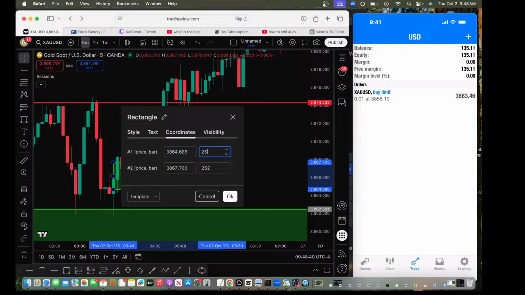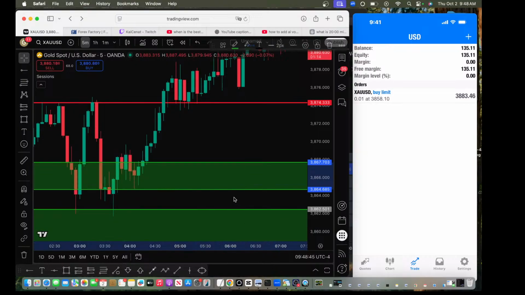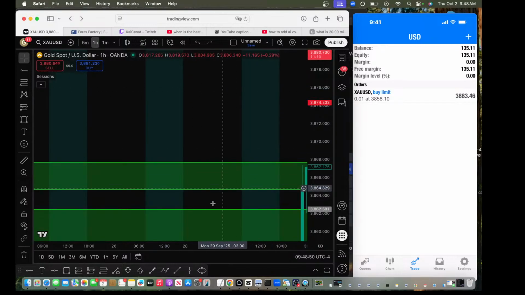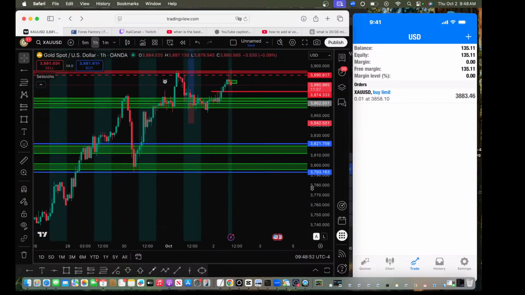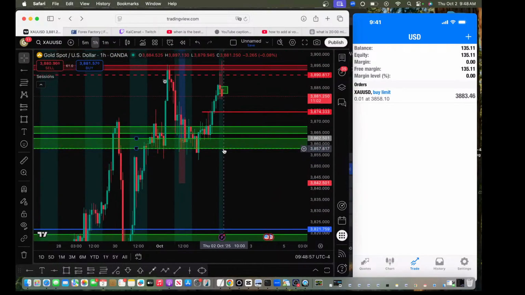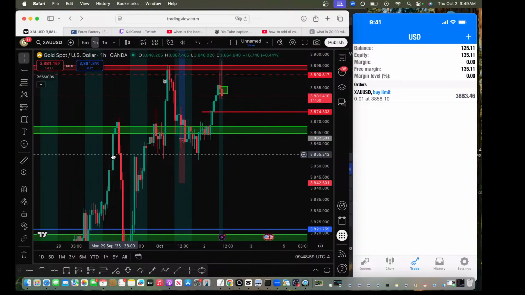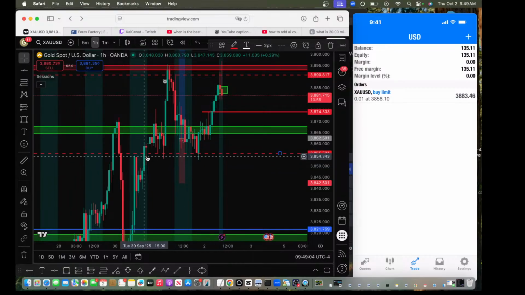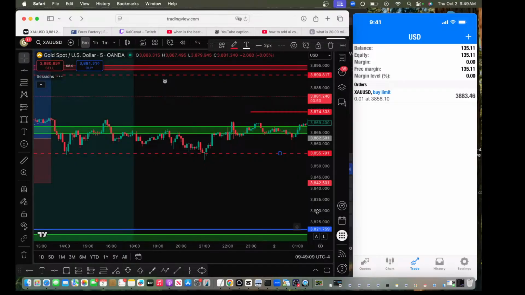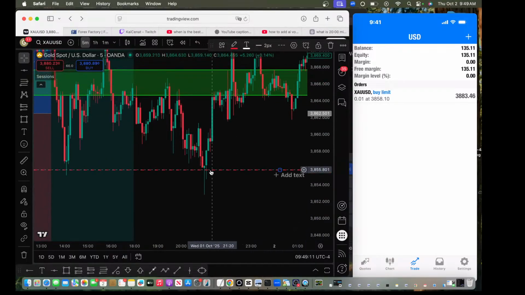Then all I have to do is this. And now the next zone. The next zone, for me, would be somewhere around this line. So I would go back to the 5 minute and I would find a candlestick, which is this right here.